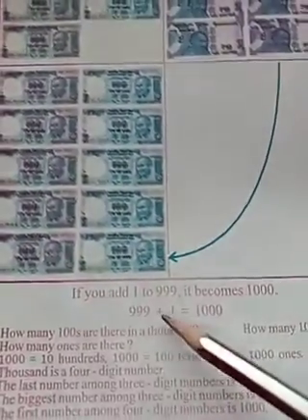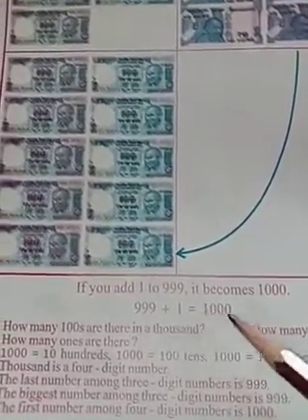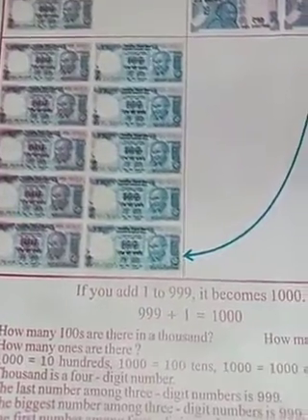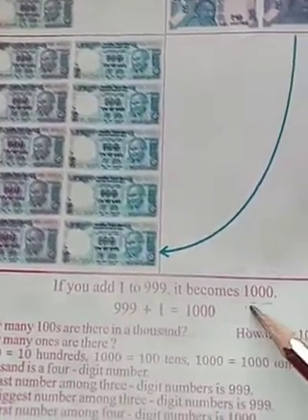Again a 100 note is there. You came this side. So how many hundreds are there? 1, 2, 3, 4, 5, 6, 7, 8, 9, 10. 10. So if you add 1 to 999, it becomes what number?